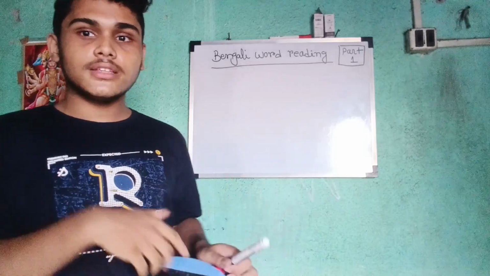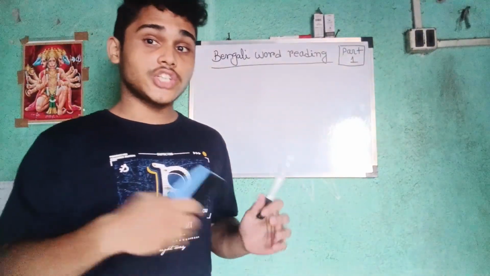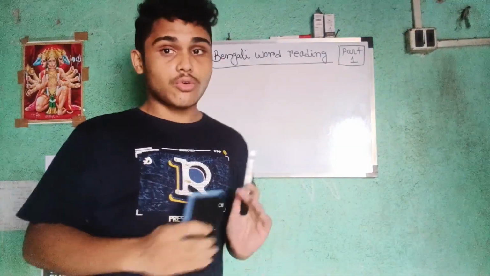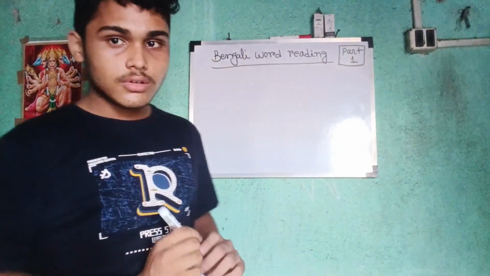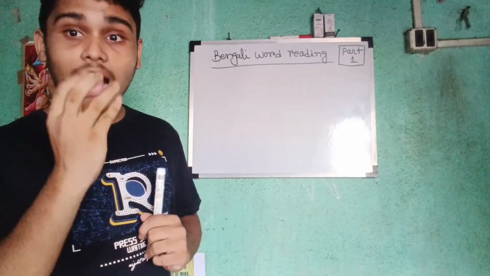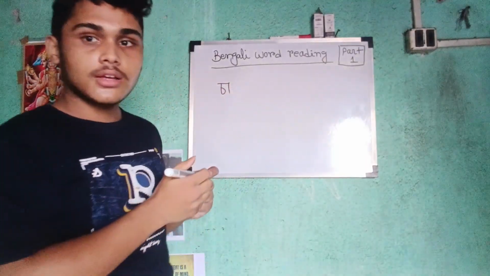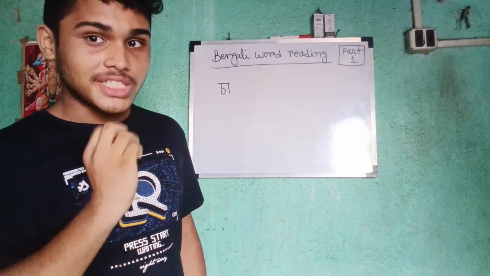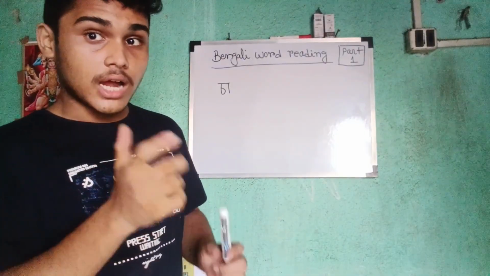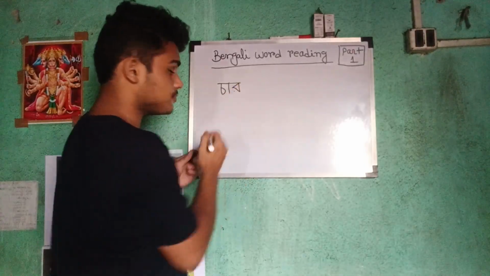If you are Indian, you can notice charcoal face wash, or if you are a foreigner, you have heard of charcoal face wash. So how can we write charcoal? First we have to write cho, cha. So cho plus a, cha. Then ra, char. So cho a plus ra, char.